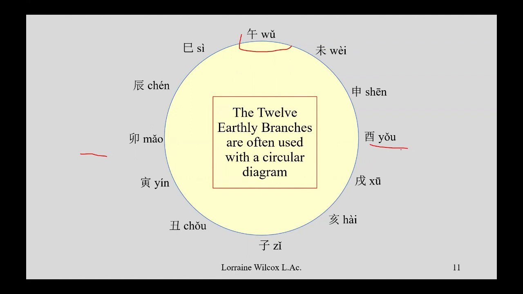So in things like Chinese astrology, things like Bazi or the 8 characters, these relationships have a lot of importance. In this kind of diagram, ones that are opposite, like Zi and Wu, are not supposed to get along.